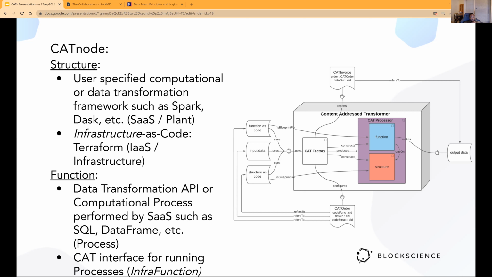So that computational process would be a Spark data frame transformation, and the API would be Spark SQL, right? Which is the process. And the cat interface that isolates that transformation for the user experience is called the infra function. Okay, Q.